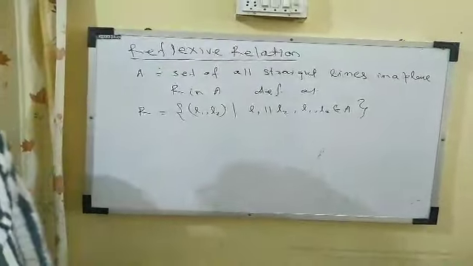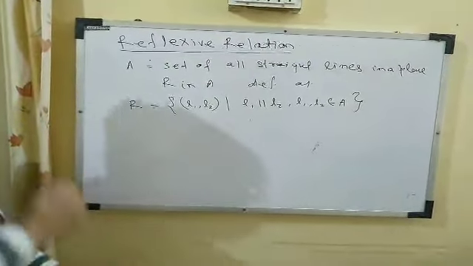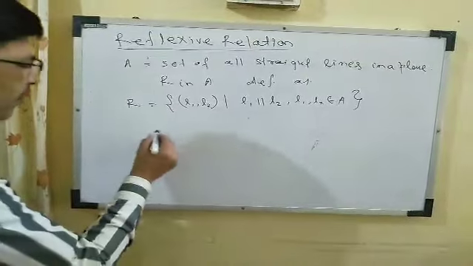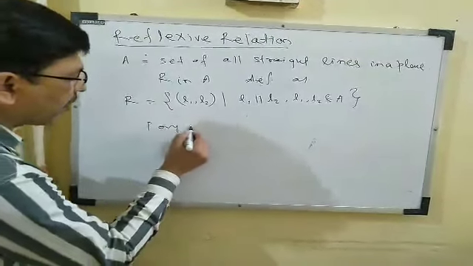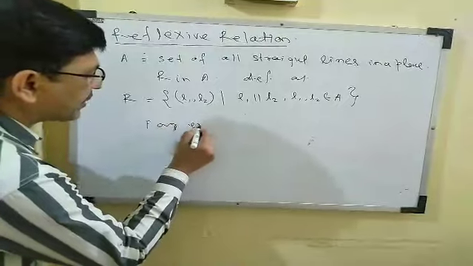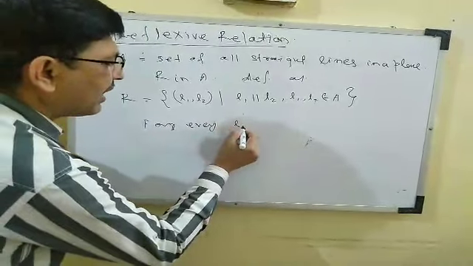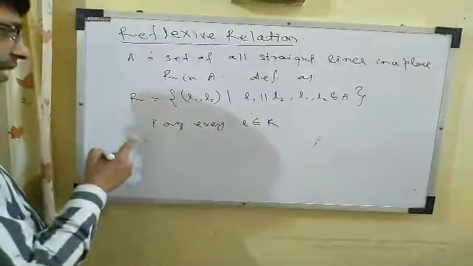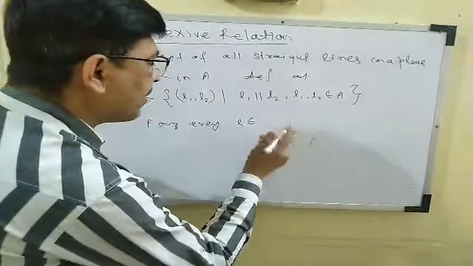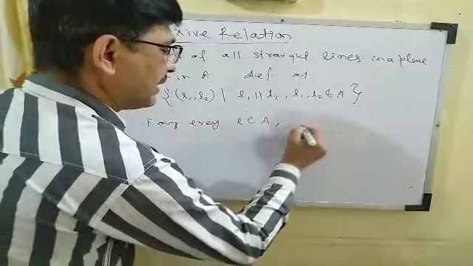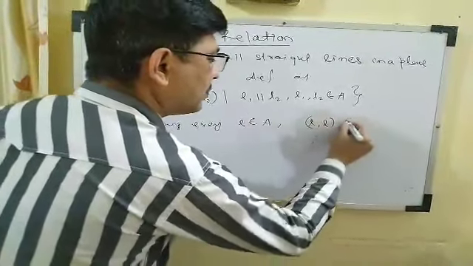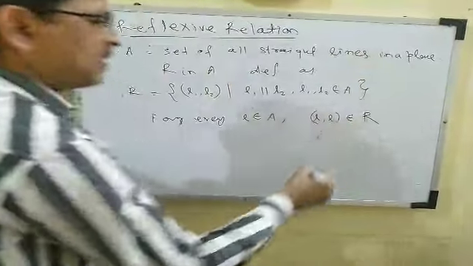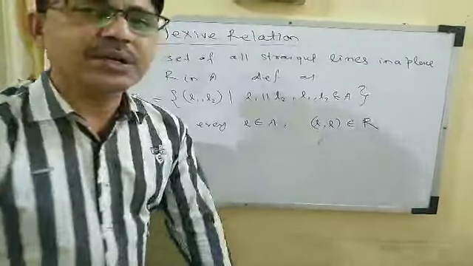Under what condition will this relation be reflexive? This relation will be reflexive if for every L belongs to A, this (L, L) should be an element of R. Only then the relation will be reflexive.